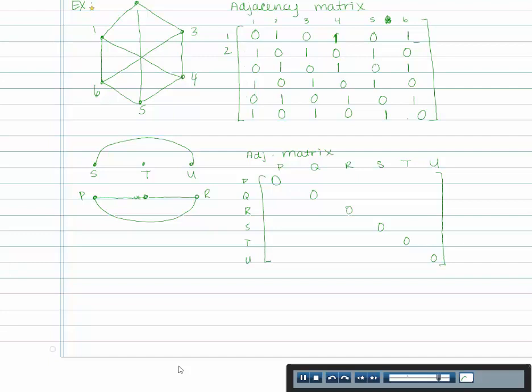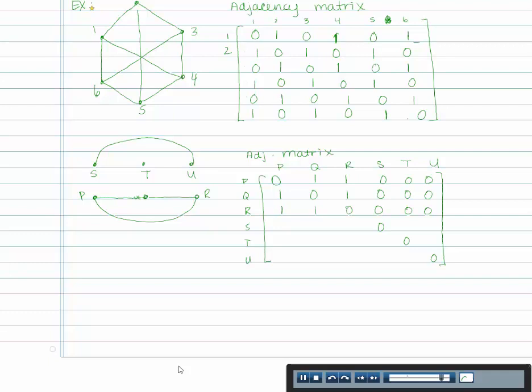So let's start with P. P is adjacent to Q and also to R, but not to S, T, or U. Q is adjacent to P and to R, but not to S, T, or U. R is adjacent to P and to Q, but not to S, T, or U.